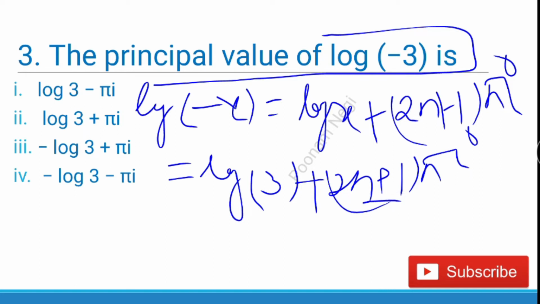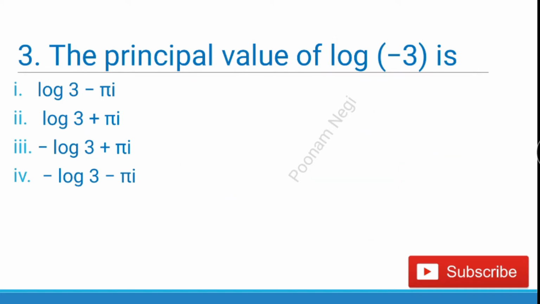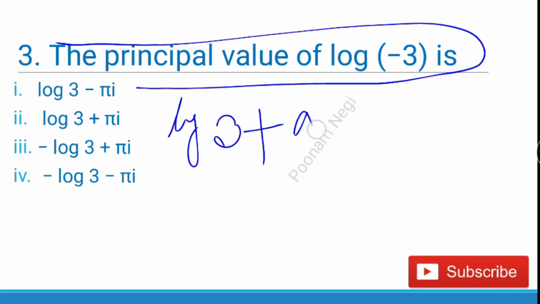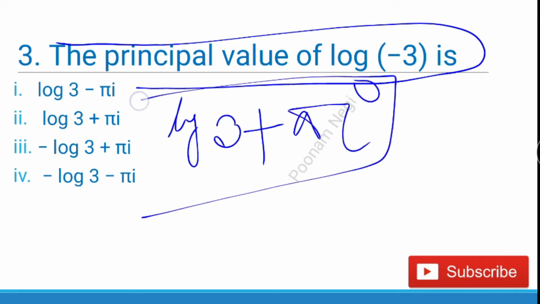When we put n equal to 0, this will give us the principal value of log(−3). That means the principal value will come out as log 3 + πi. It means the correct answer is option number 2.